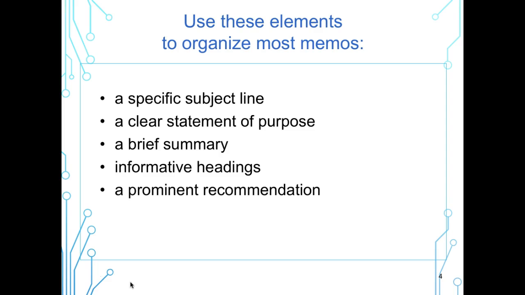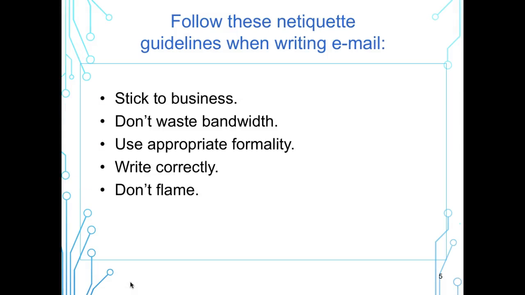Those are the 3 main elements that I give you. Now when we do longer reports and longer memos, you'll have more headings and more sections. But those are the main ones that we'll be using in this assignment coming up.